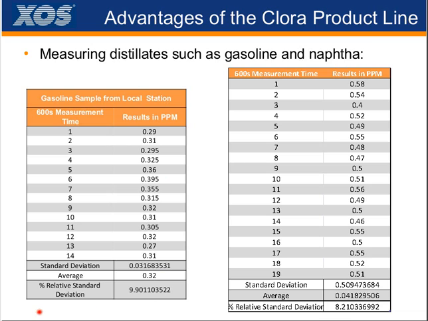Very good numbers, and lots of people like to put up numbers about what they run on their standards. They have a standard and they ran their standard and they got this, but we actually wanted to go out and take some real world data, and we did that here: tight data around 1/3 of a ppm, and then over here at 1/2 a ppm, fairly tight data here as well. This is a naphtha sample, I believe.